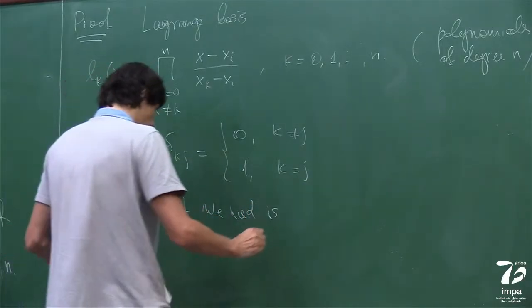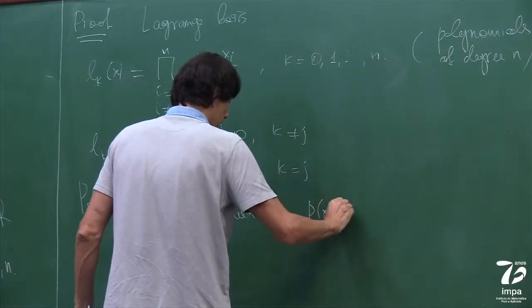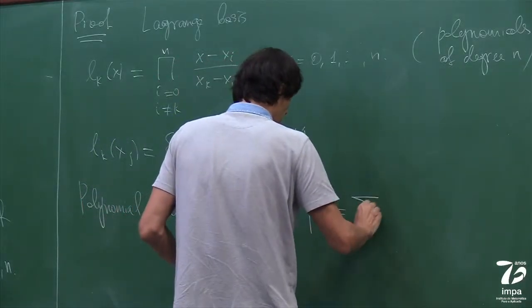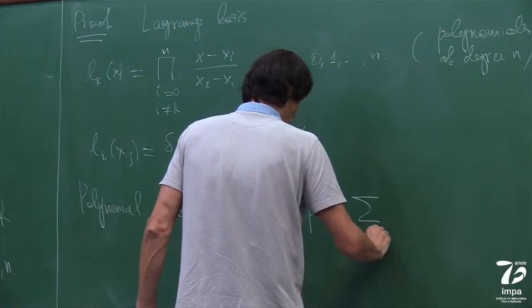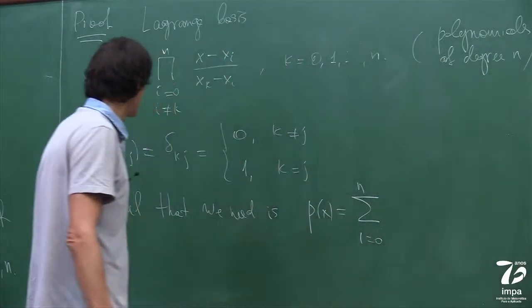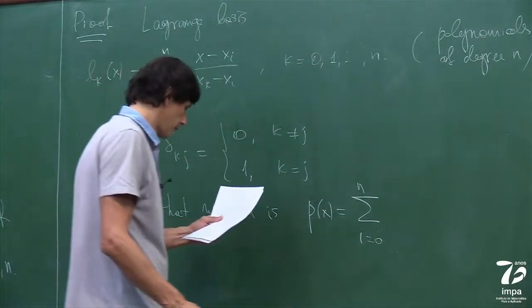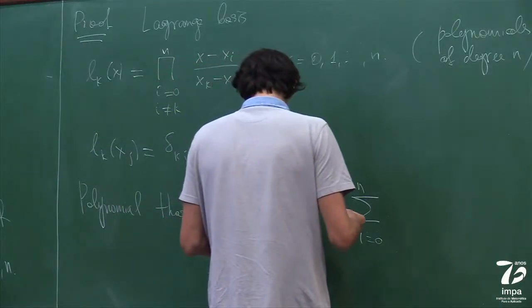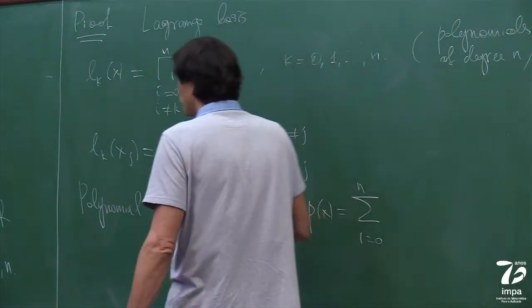It is p of x, just a sum, a linear combination of these Lagrange polynomials from the Lagrange basis, with coefficients given by the values.